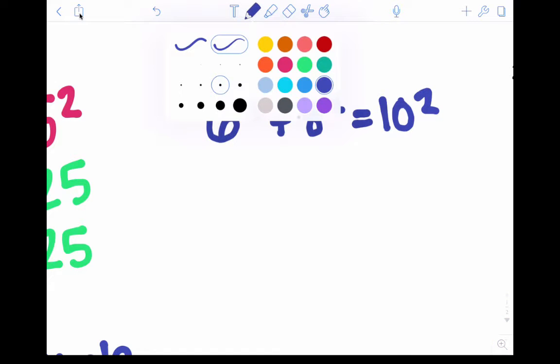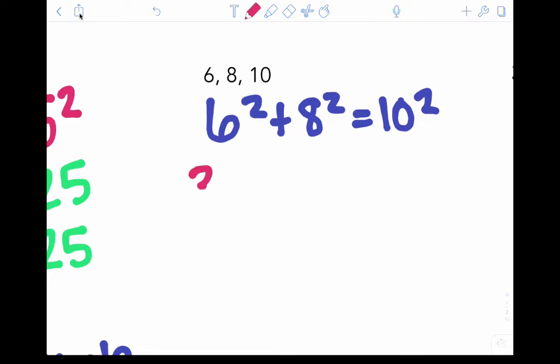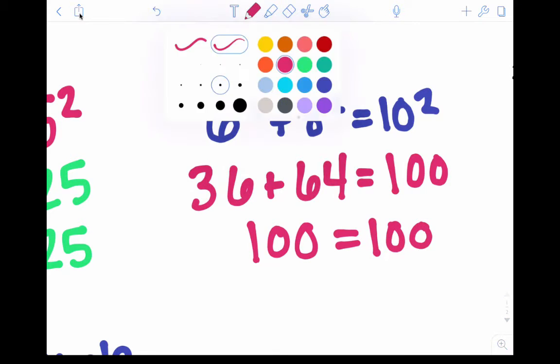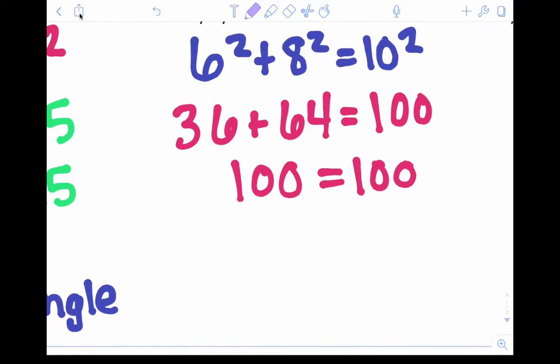Now I can work through this. 6 squared is 36, 8 squared is 64, and 10 squared is 100. 36 plus 64 is 100, and 100 does equal 100. So this is a right triangle.